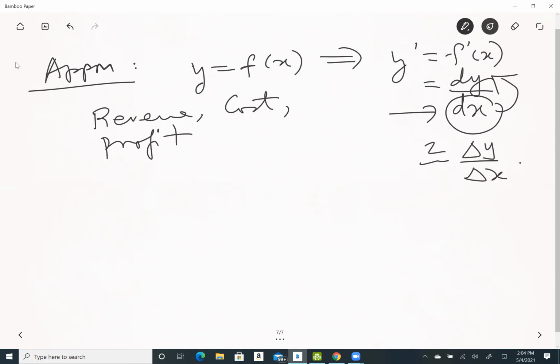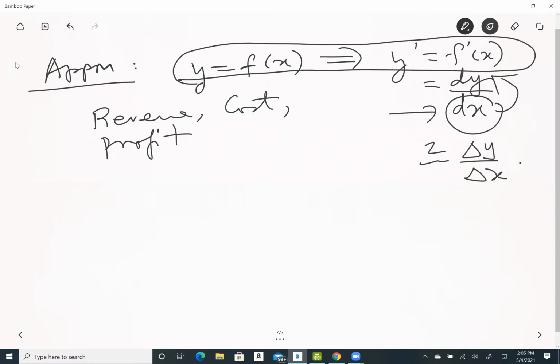We're going to look at these functions, take the derivative, and what is the derivative? So let's say we start with the revenue, and of course, we want to relate back to the function and the derivative. So if you look at revenue, revenue is a function of x. Now the derivative of the revenue, what is it?